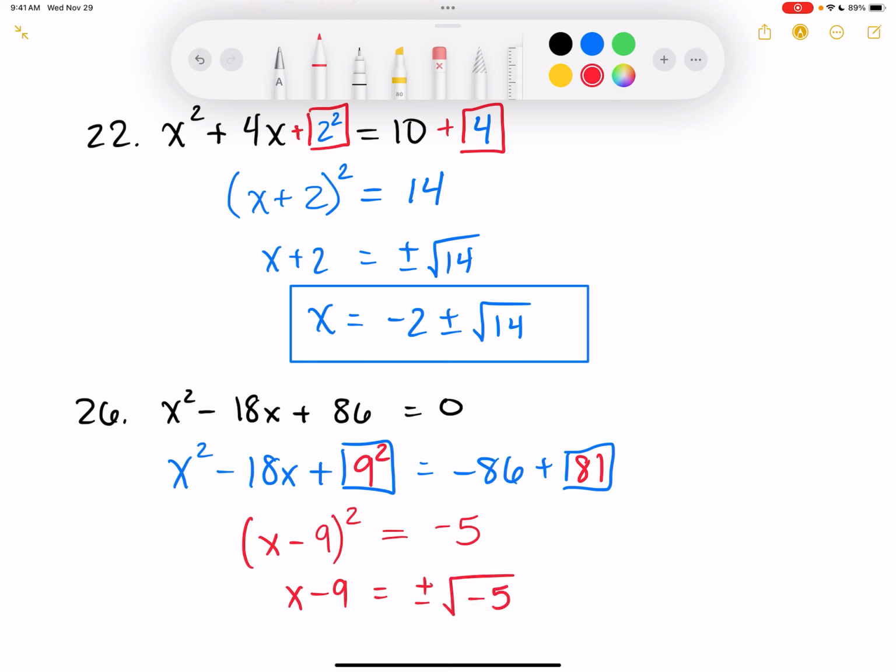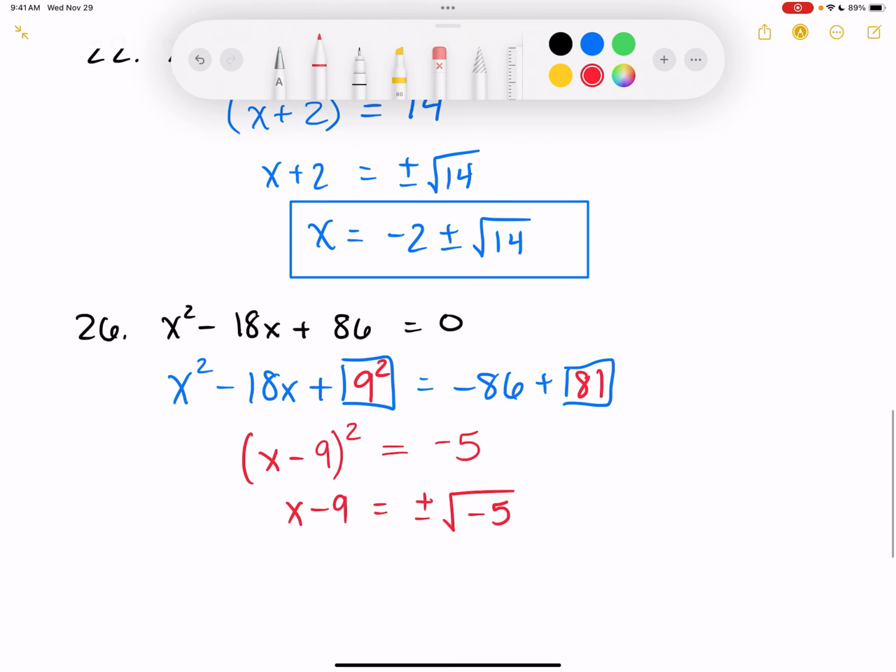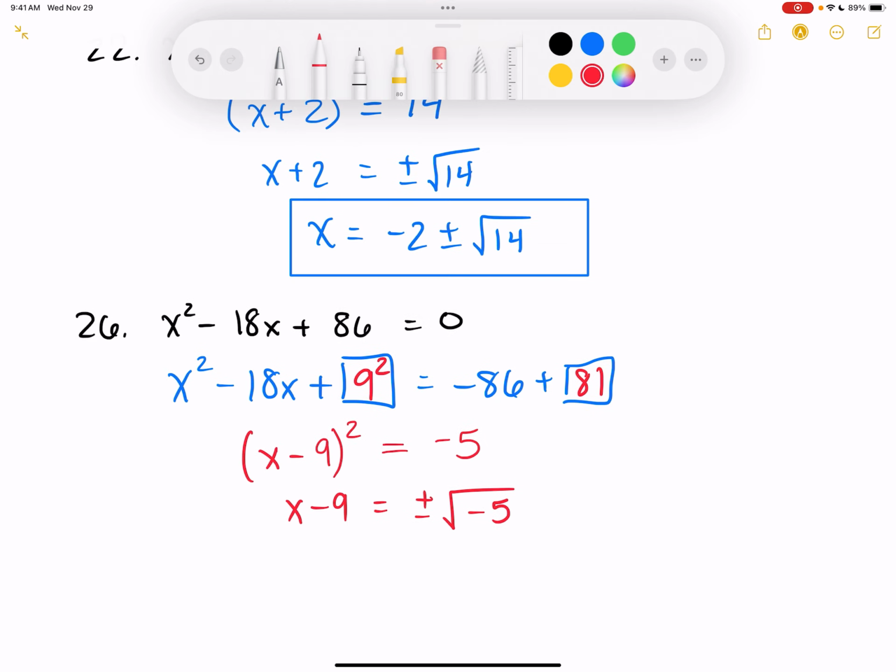What do I notice there? It's an imaginary number. So what do I need to do? Take out an i. To save us writing, I'm going to move the 9 over and take out the i at the same time. So x equals 9 plus or minus i root 5. Oh boy.